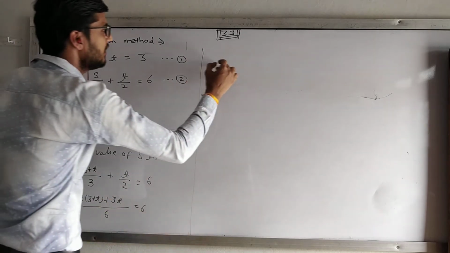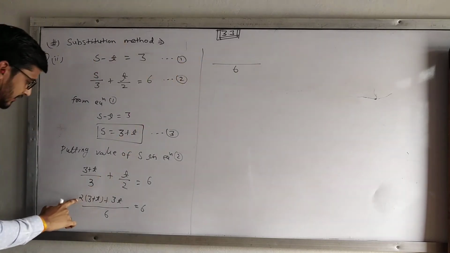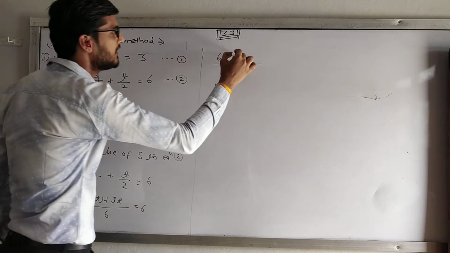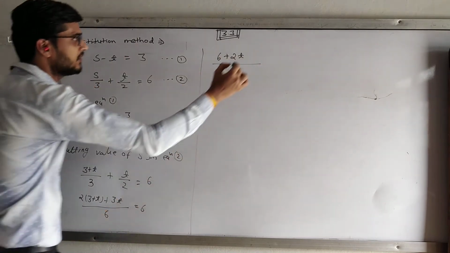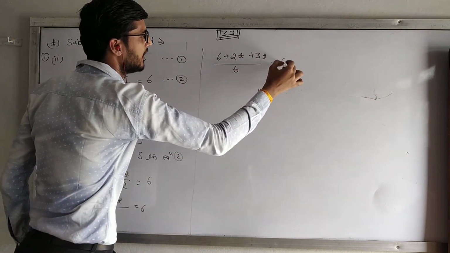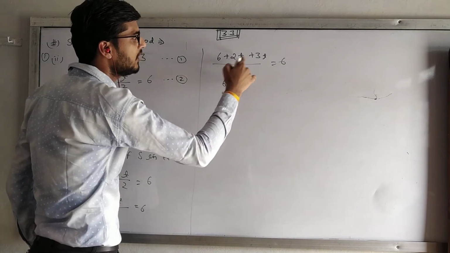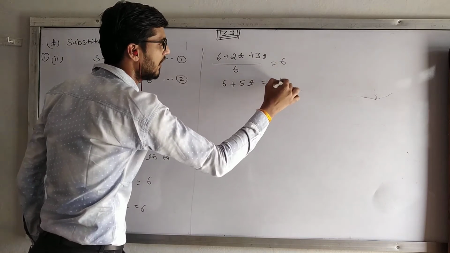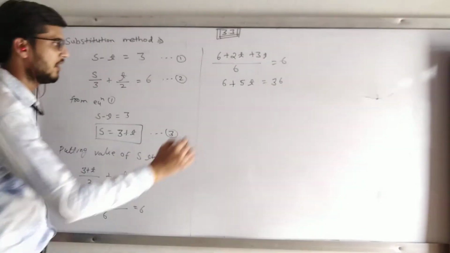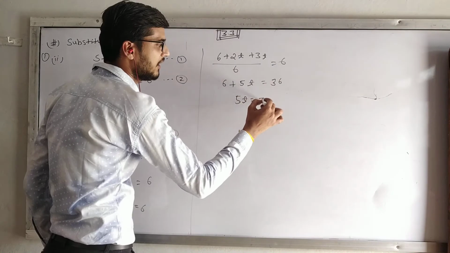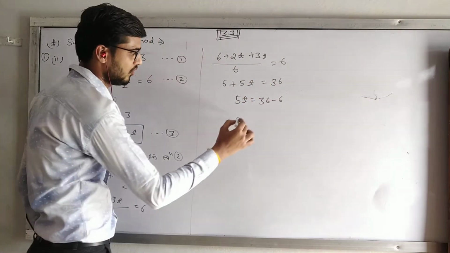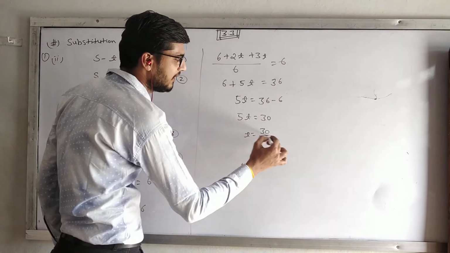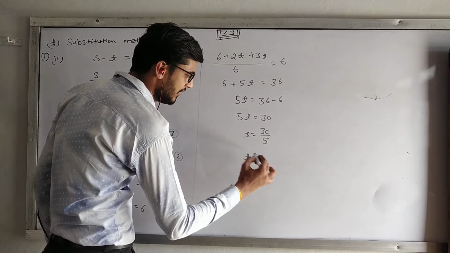Now our LCM is 6, and 2 3s are 6 plus 2 multiplied by t gives 2t, plus 3t equals 36. So 6 plus 2t plus 3t is 5t, so 5t equals 36 minus 6. So 5t equals 30, so t equals 30 by 5, which means t equals 6.